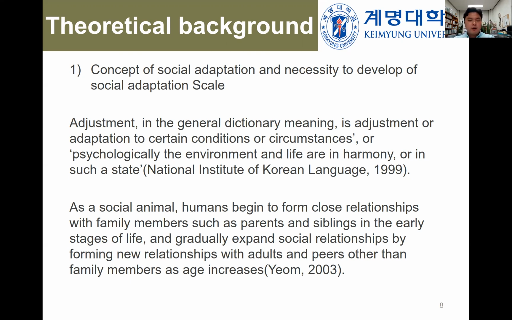As a social animal, humans begin to form closer relationships with family members, such as parents and siblings, in the early stages of life, and gradually expand their social relationships by forming new relationships with adults and peers other than family members as age increases.